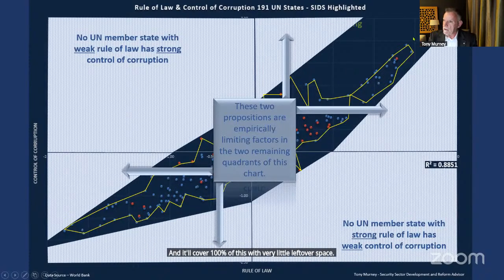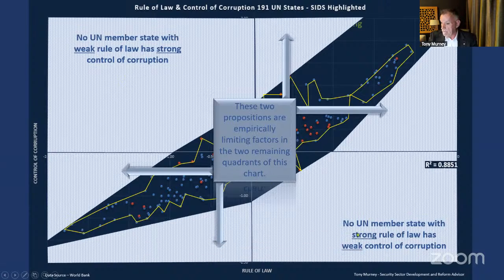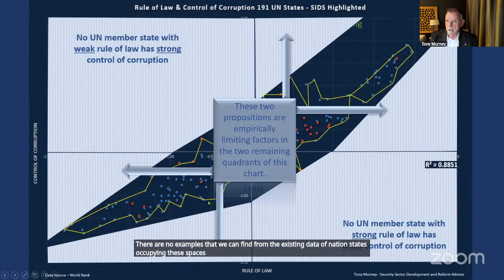That's the envelope within which the world has been able to move. There are lots of questions about why that is, but we might talk about those towards the end. When we start to look at the impossible, it's exactly the same as before. There are no examples that we can find from the existing data of nation states occupying these spaces here or these spaces here.